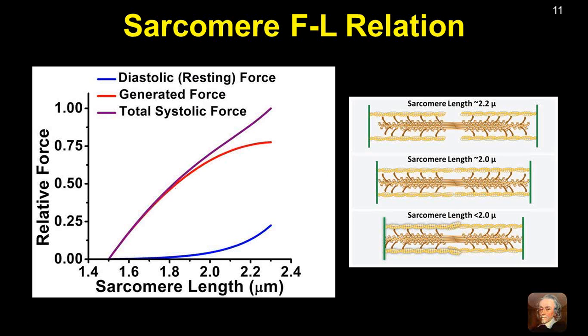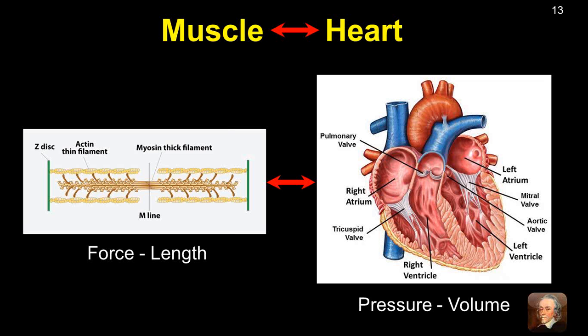So whenever we do talk about things at the whole heart level, whole body level, we have things in mind at the cellular and molecular level. So the analogs of, if you will, force and length are pressure and volume in the intact heart. And of course, there are very complex transformations going from pressure and volume back all the way down to force and length.